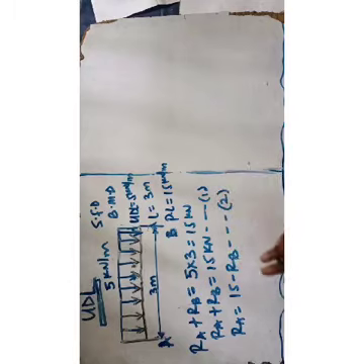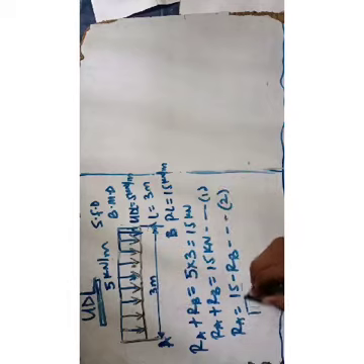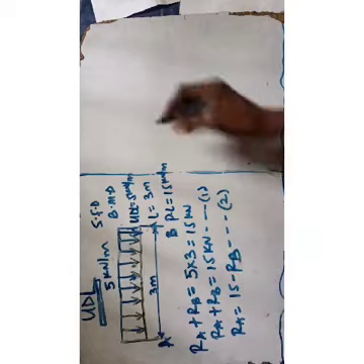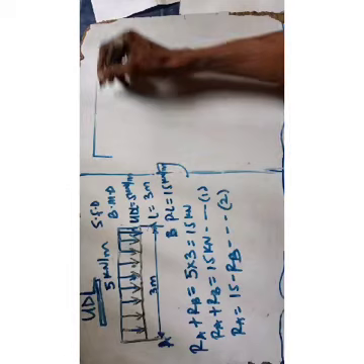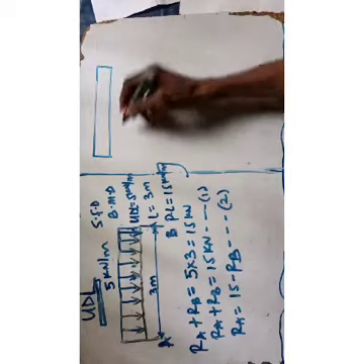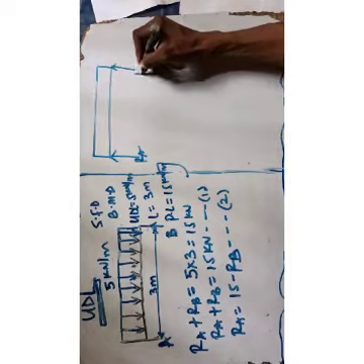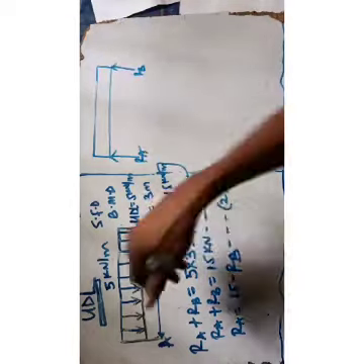So after this, your diagram will automatically become something like this. You have the diagram again. You have your Ra, reaction at A, and Rb, reaction at B. Then you have the point load at the center.